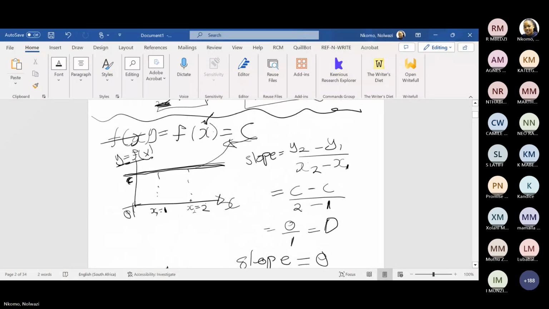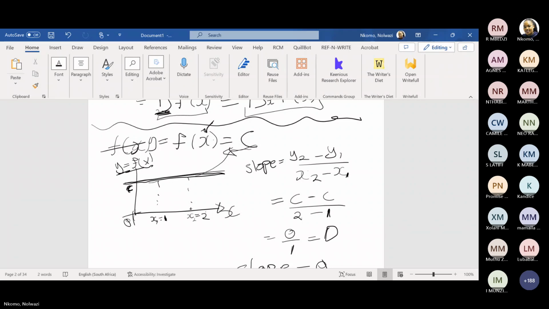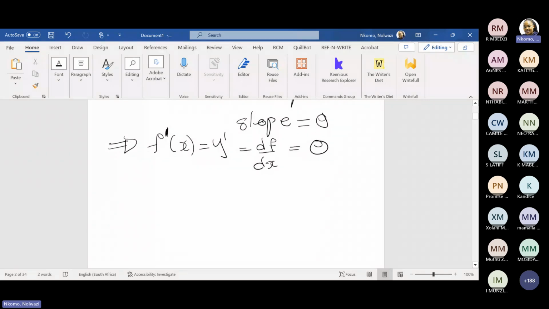Okay, the slope of a constant function will always be 0, right? And we said a slope is the derivative, right? So from here, we can conclude that the derivative of a constant is 0. Okay, so that would be our rule 1.